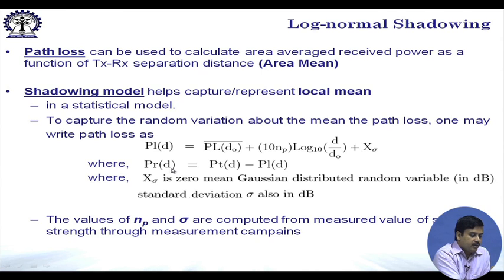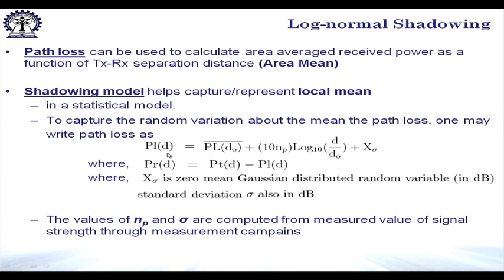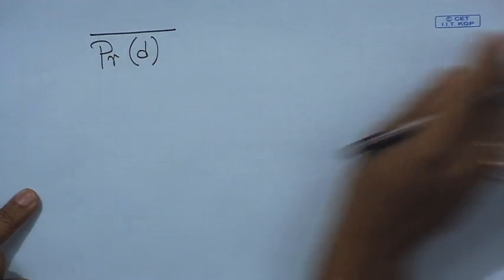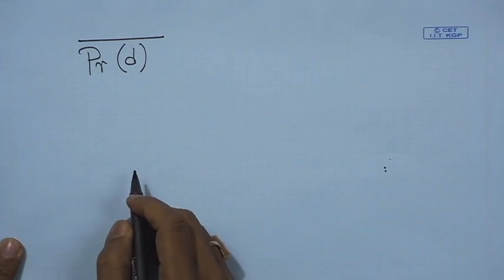Now, if we compare this particular expression with the one that we had done before, what we would write for the previous expression is Pr(d) with a bar on top. Basically, what we would have from path loss only is indicating the area mean, right.